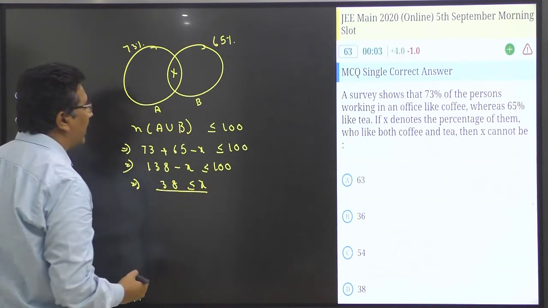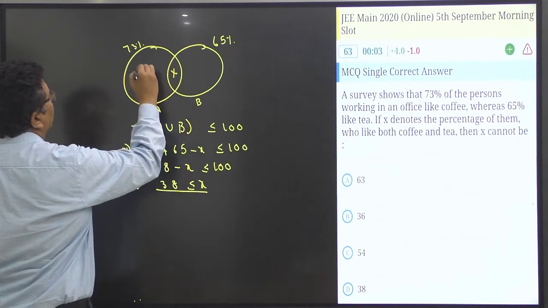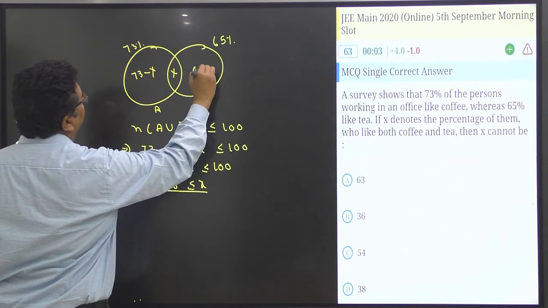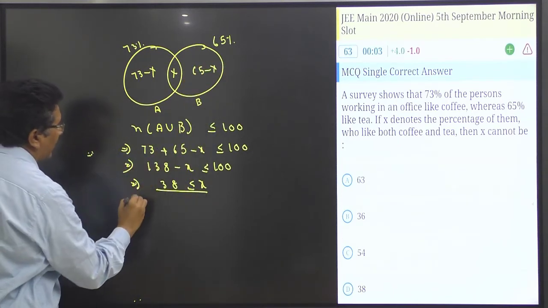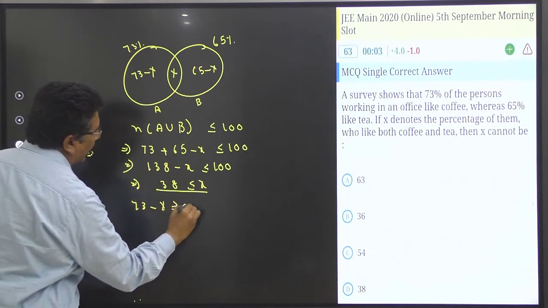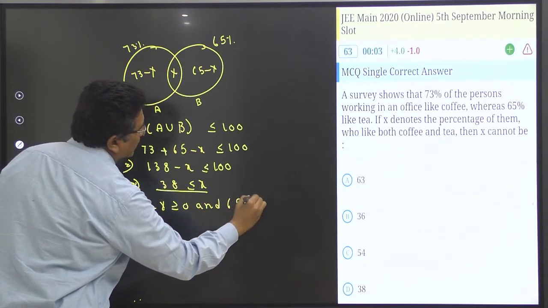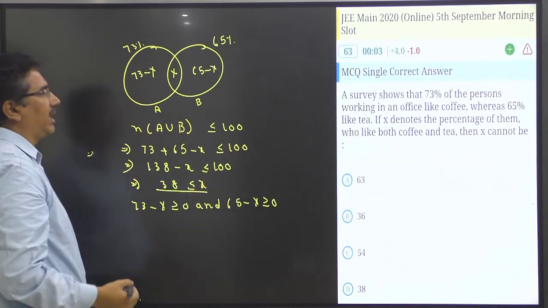This is one inequality. Also, this is X. Now this is 73 minus X, and this is 65 minus X. From this, 73 minus X is always greater than or equal to 0, and 65 minus X is always greater than or equal to 0.